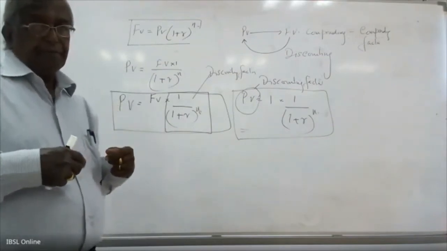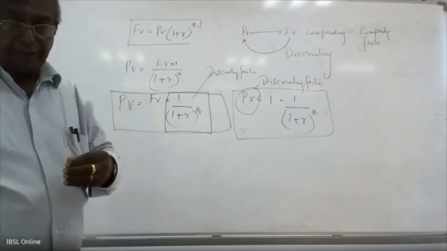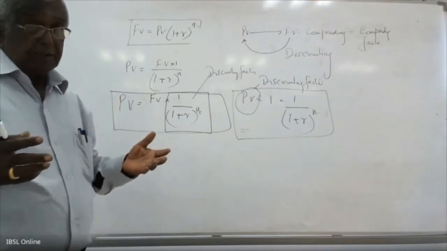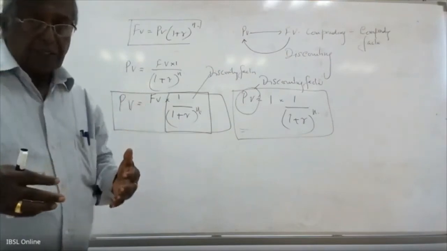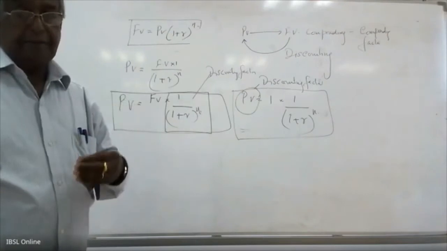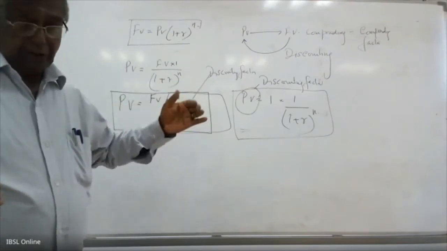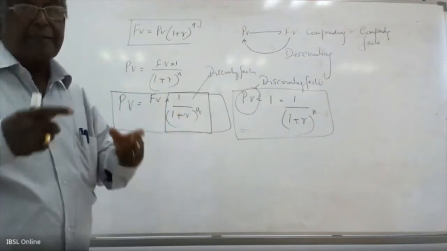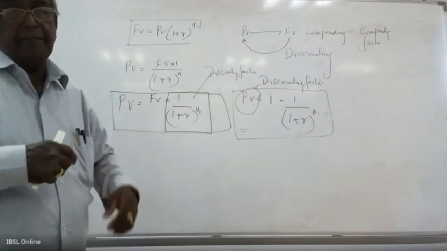Then what is compounding? What is compounding factor? Then what is discounting? What is discounting factor? These are theory questions. You must show that you understand the meaning of all these things.